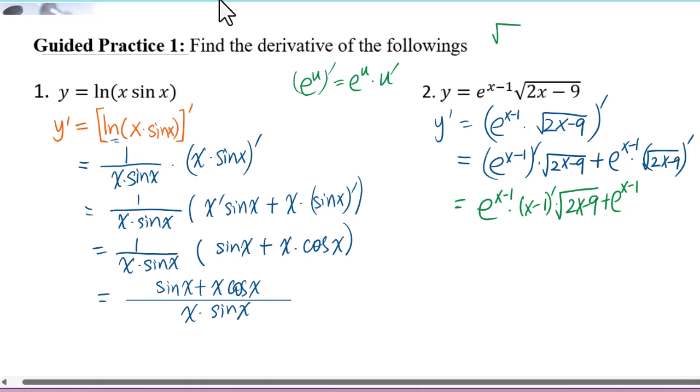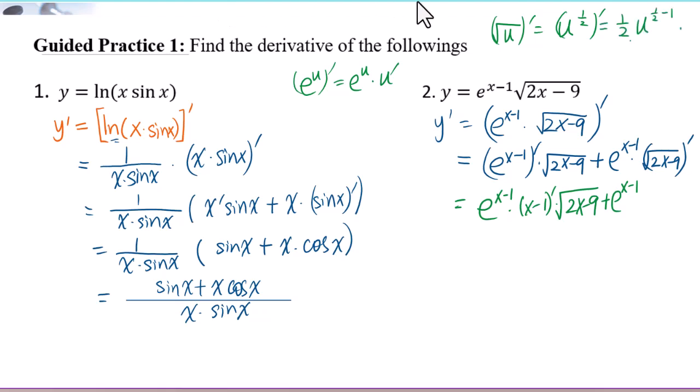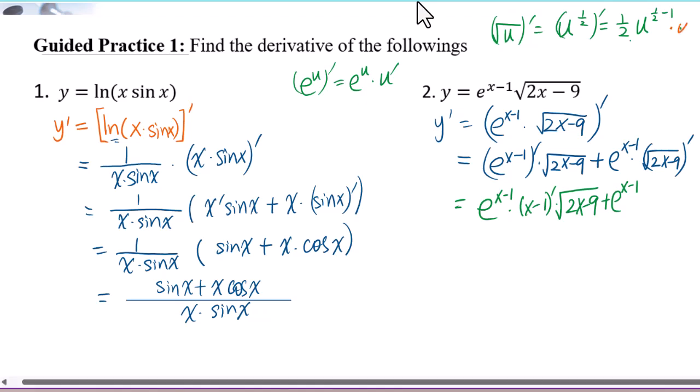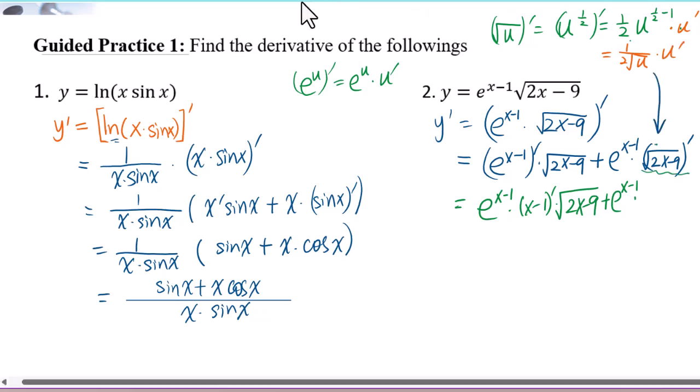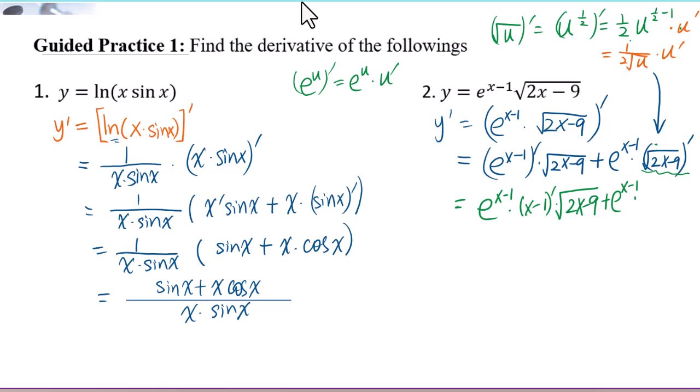We know square root of u prime equals u to the 1/2 power prime equals 1/2 u to the power of 1/2 minus 1 times u prime. So we get 1 over 2 square root of u times u prime. We will use this formula to work out square root 2x minus 9 prime.